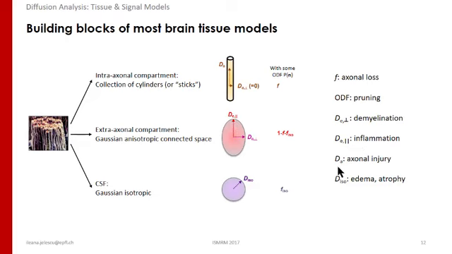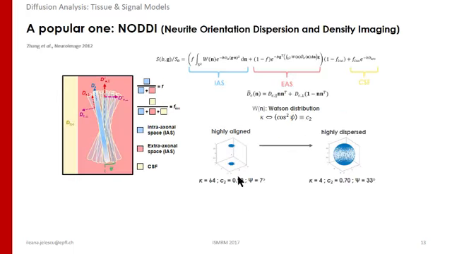DE parallel, of inflammation, D axonal, of axonal injury, of course, and the isotropic fraction, not the diffusivity, of edema or atrophy and so on. So hopefully you can try to say something a bit more specific about the microstructure than you can with metrics derived from signal representations.